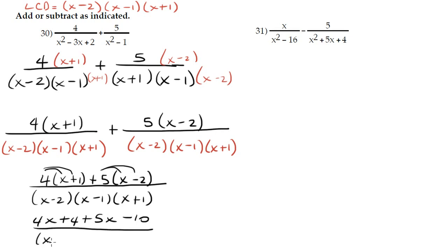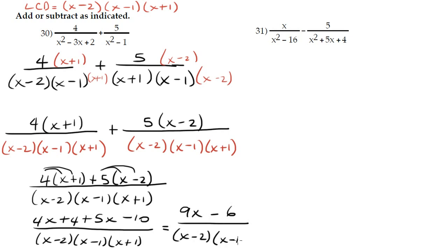Over that common denominator. And I'm left with 9x, combining like terms, 9x minus 6 over x minus 2, x minus 1, x plus 1.